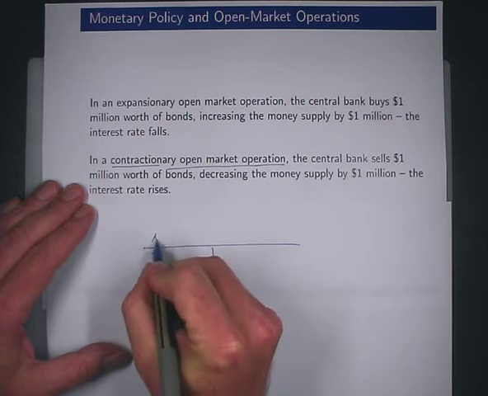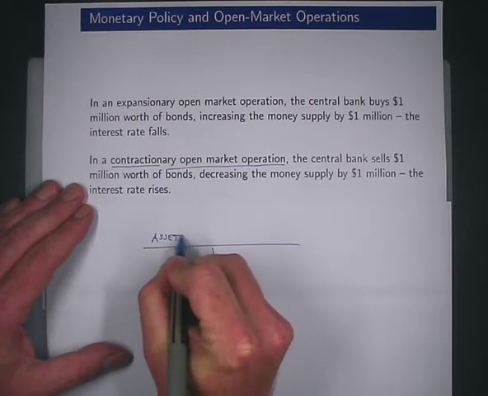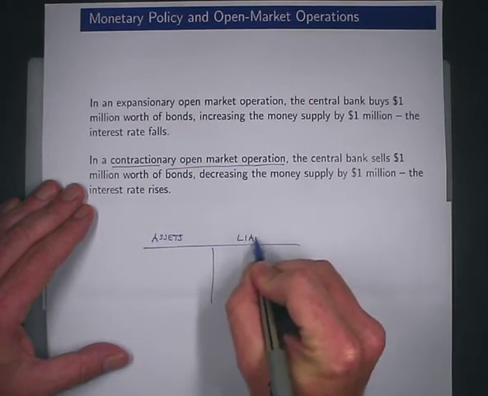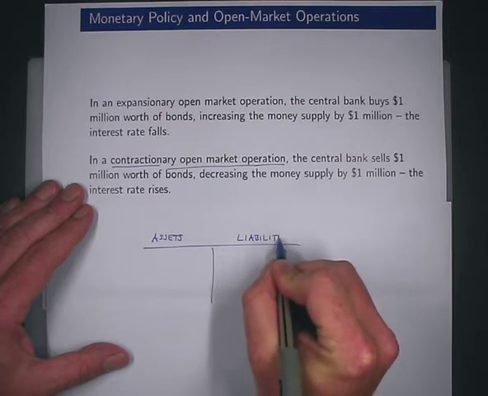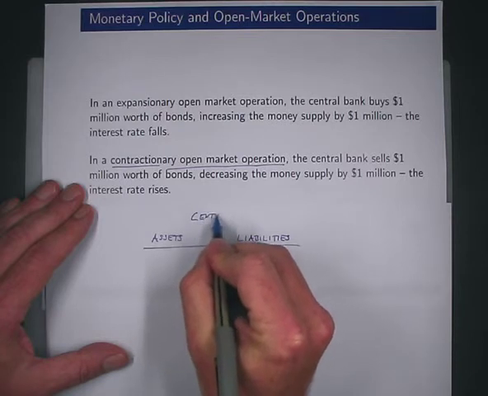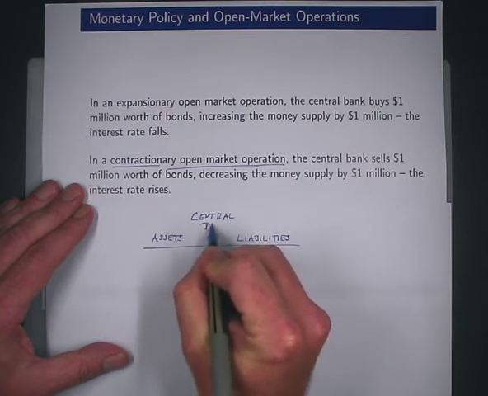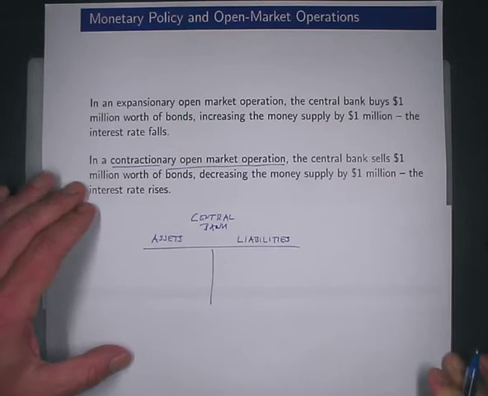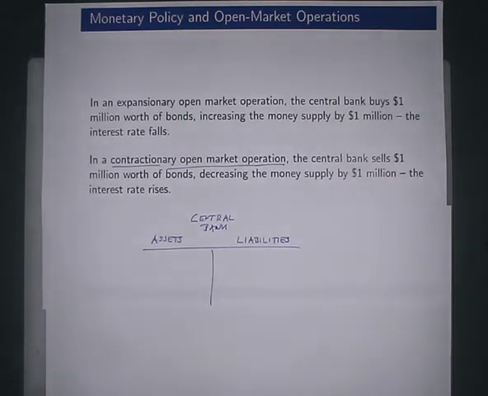So we have assets and liabilities, and that's the central bank here. So what happens now?